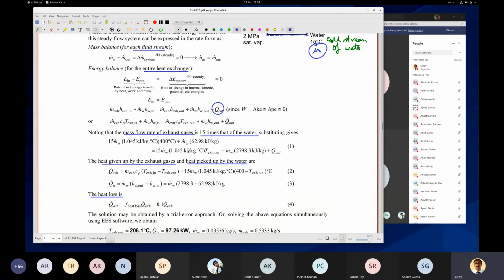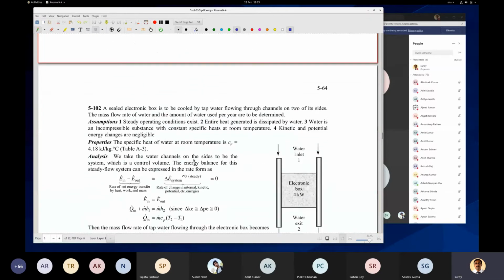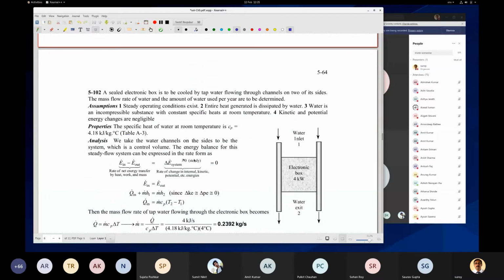But for water, you have to look up the property every time. So for solving simultaneous equations, you will need to go through some trial and error procedure. Basically you have to write down the equations for energy balance.